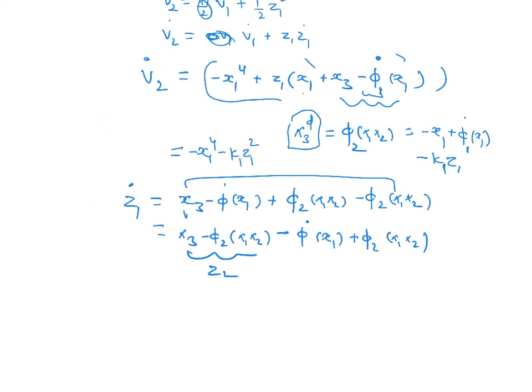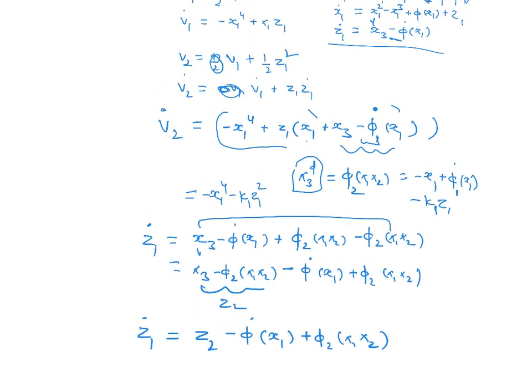So now your equation z1 dot becomes z2 minus phi dot x1 plus phi 2 x1 x2.